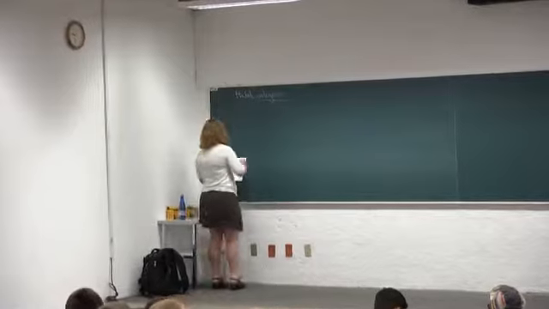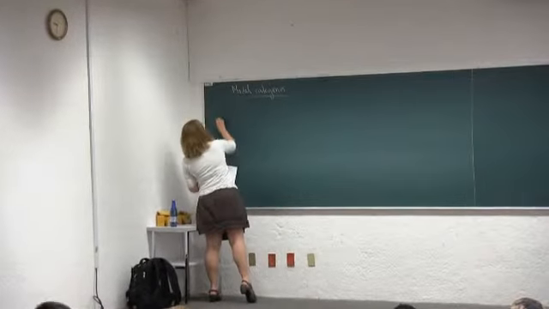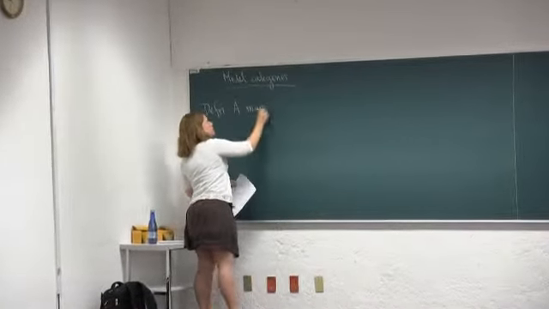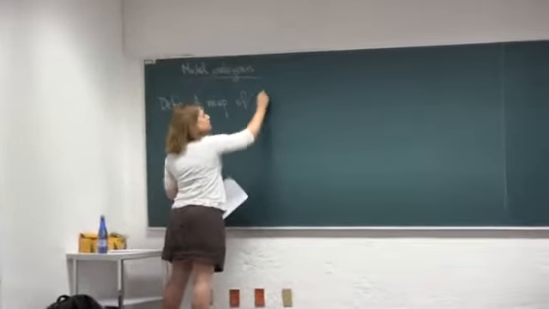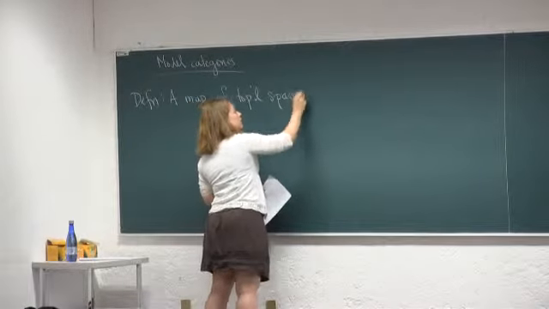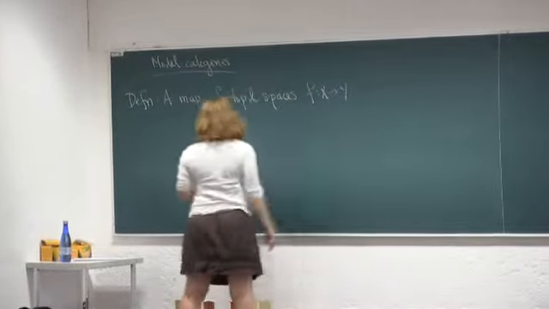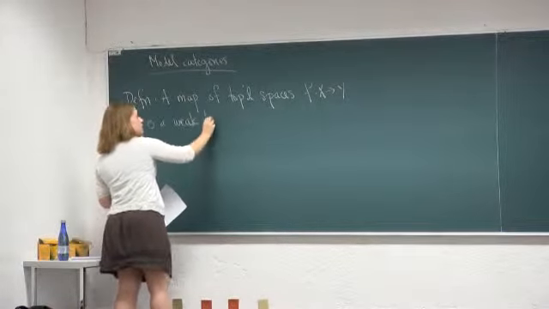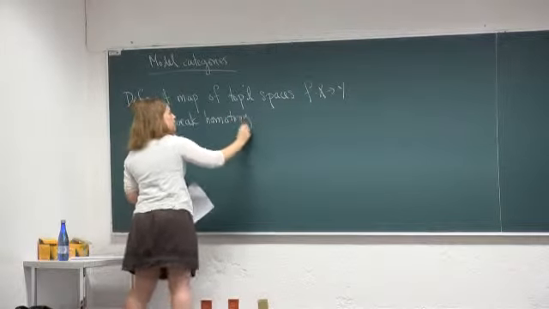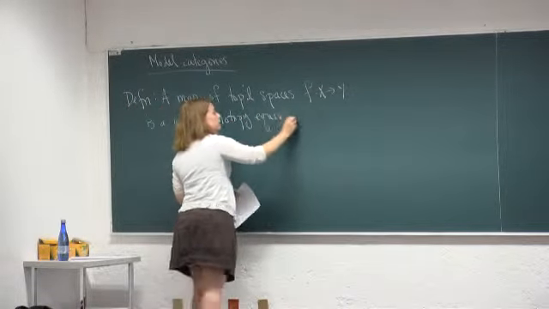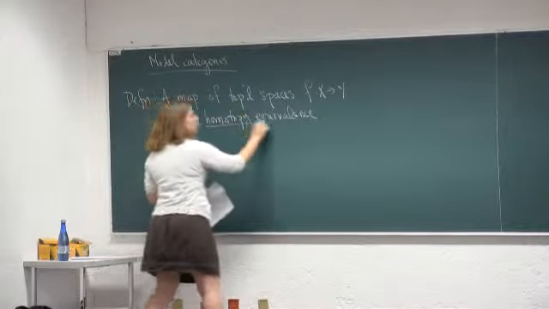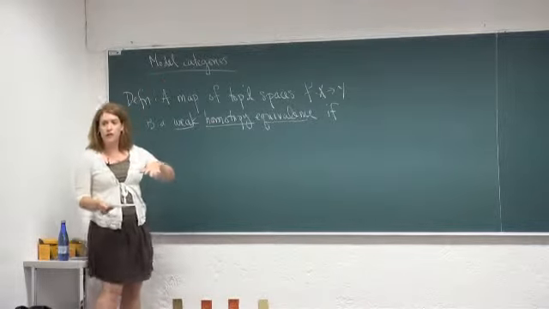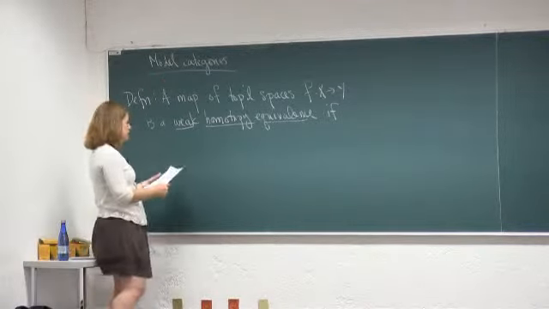Okay, so recall, if I have a map of topological spaces, say f from X to Y, then this is a weak homotopy equivalence if, when I take the induced maps on all the homotopy groups, they're all isomorphisms.